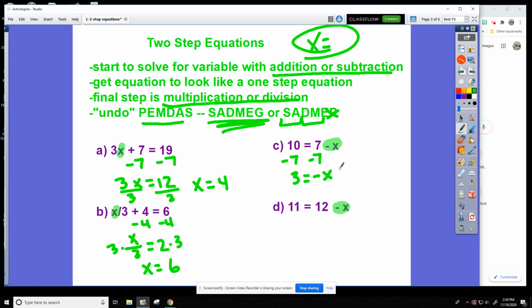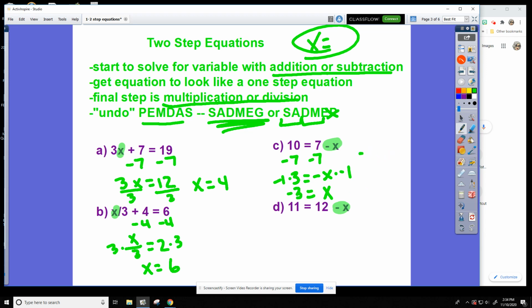I want positive x. So the way we go to positive, we multiply or divide both sides by -1. Multiplying or dividing by -1 does not change the number, because 1 times anything is itself. 1 times a billion is a billion. But it does change the sign. A negative times a negative is a positive, and a negative times a positive is a negative.